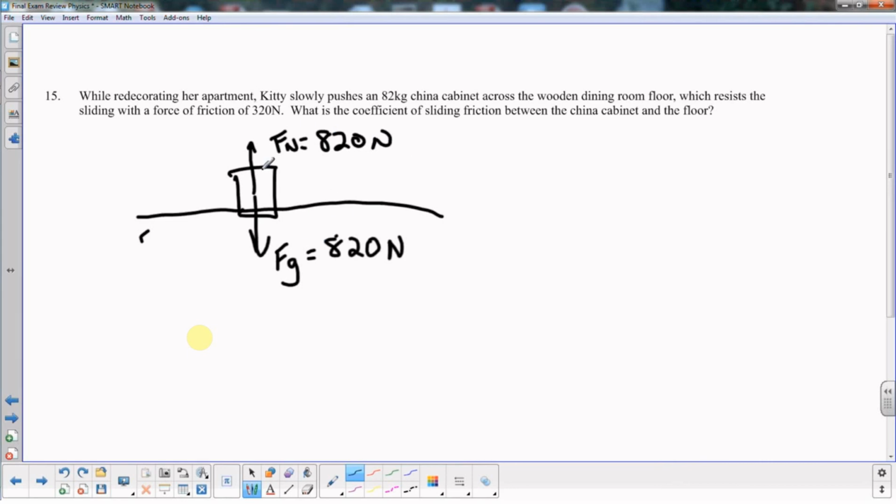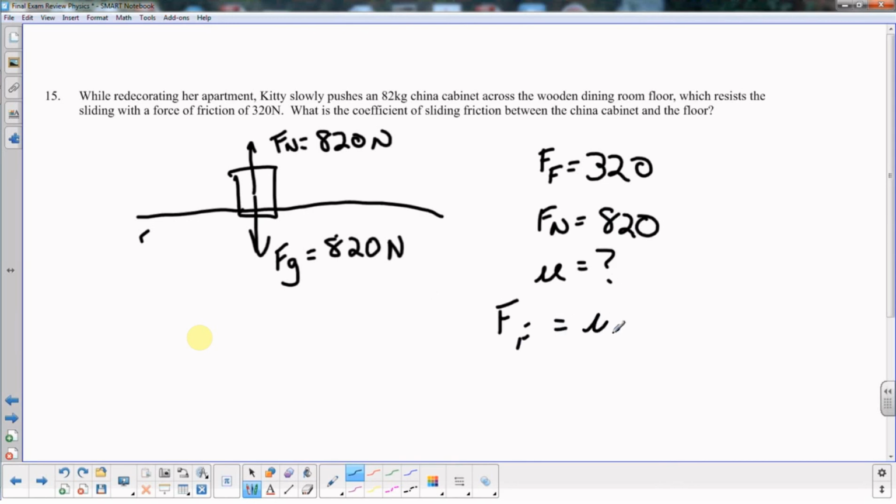So while redecorating her apartment, she pushes this thing and it resists with a frictional force of 320. So we know the Ff is 320. We know the Fn is 820. And we don't know the mu, but we want to know the mu. And we know that Ff equals mu Fn.